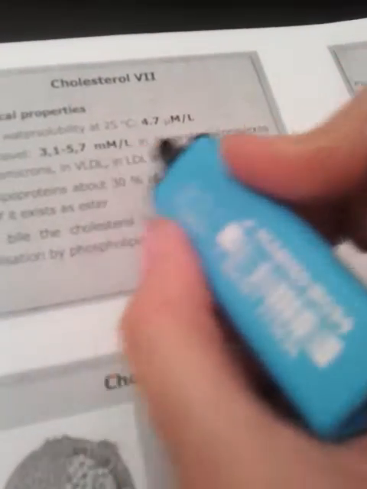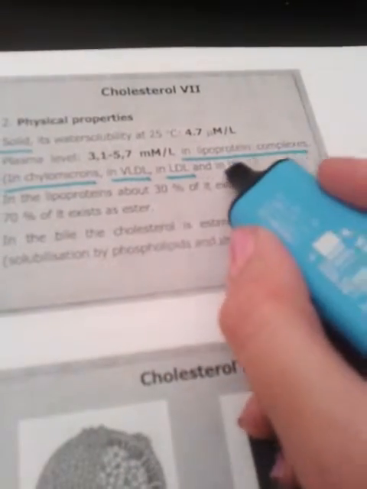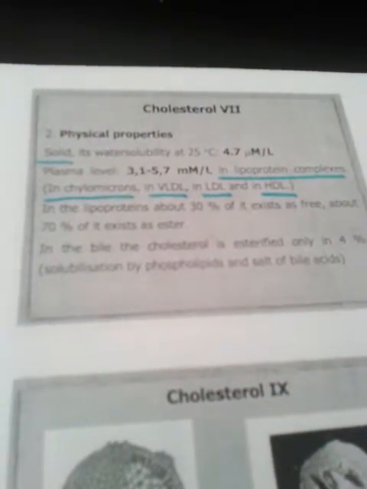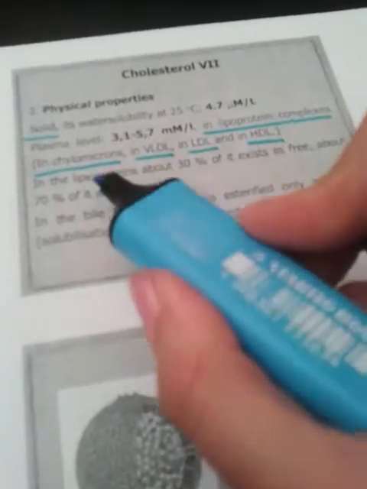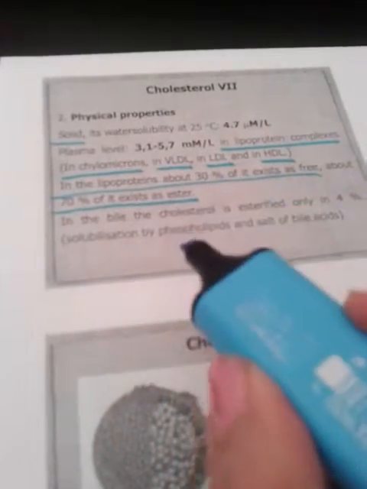Physical property of cholesterol: it is solid, and the water solubility is very low. Plasma level: it's in lipoprotein complexes, in chylomicron, very low density, low density and high density, VLDL, LDL, HDL. In the lipoprotein, about 30% exists as free and 70% exists as ester.